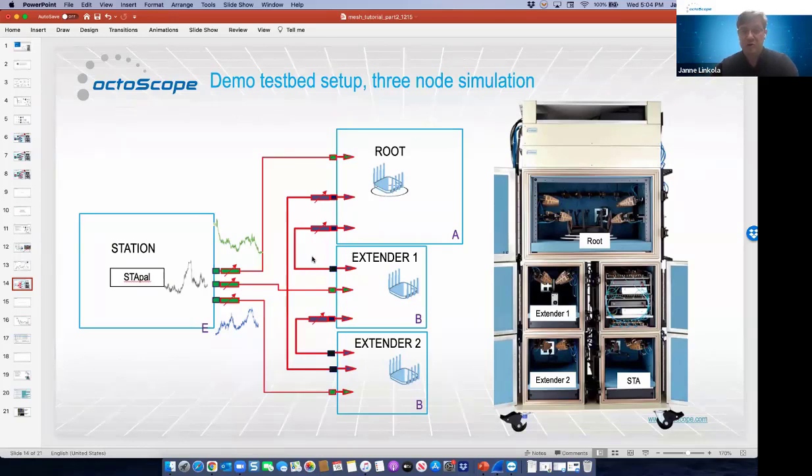We recorded also the internode path loss basically in the mesh. So in that way, whatever configuration I had the mesh set up in when I performed that recording was captured.